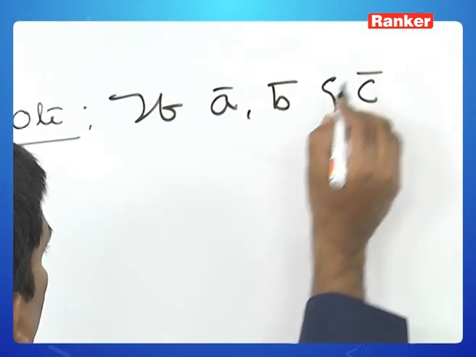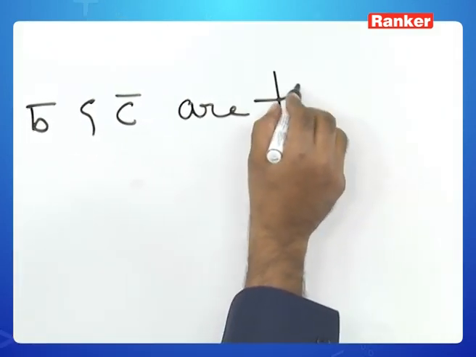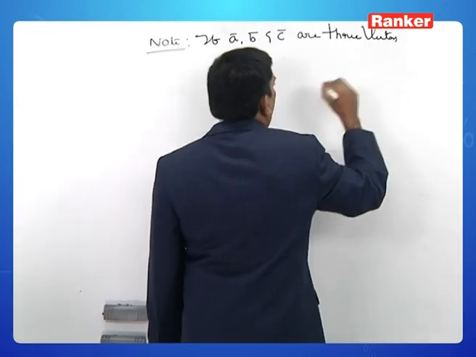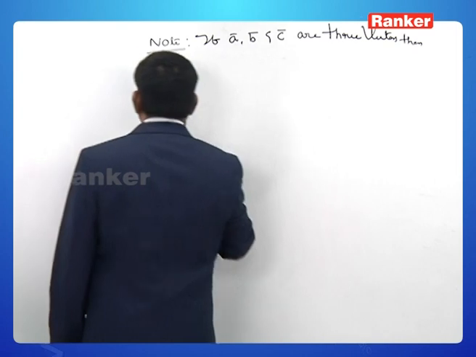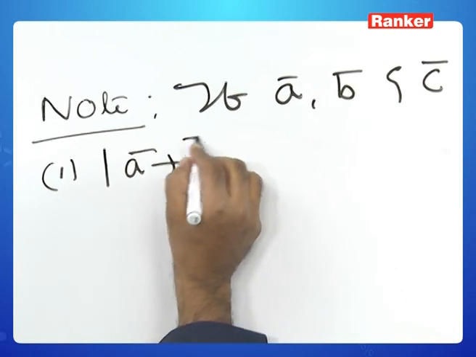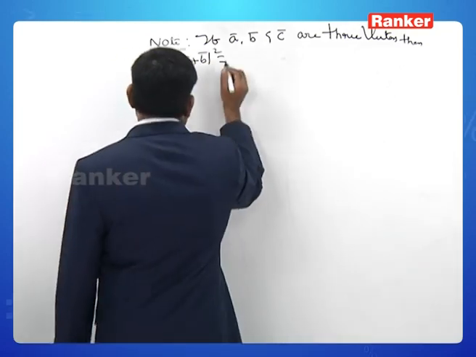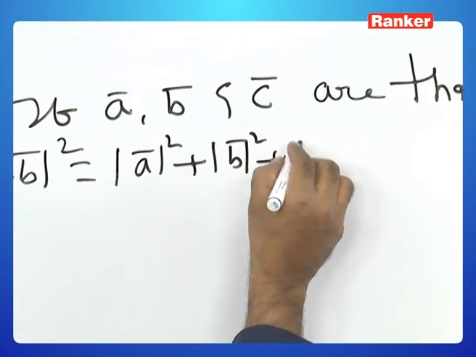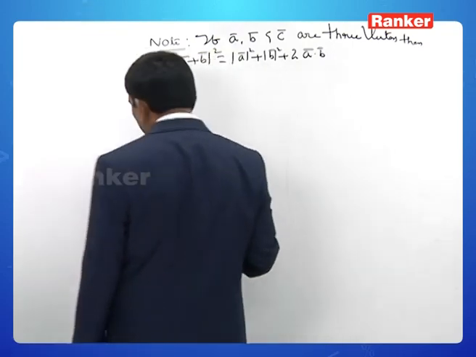If A bar, B bar and C bar are three vectors, then the very first one is: modulus of A bar plus B bar whole square is equal to mod A whole square plus mod B whole square plus 2 into A bar dot B bar.